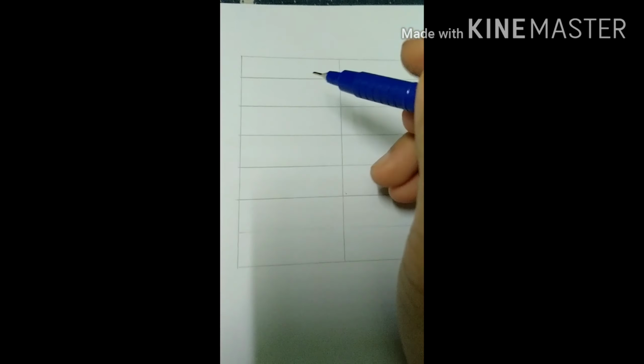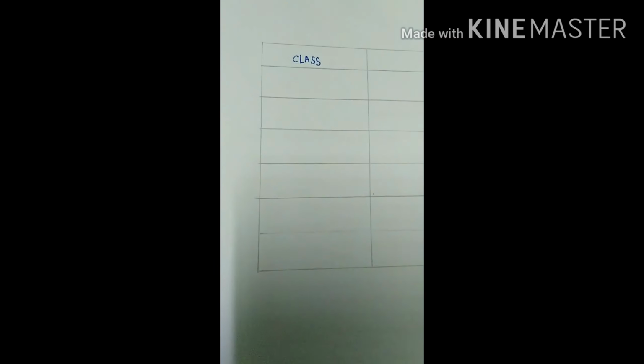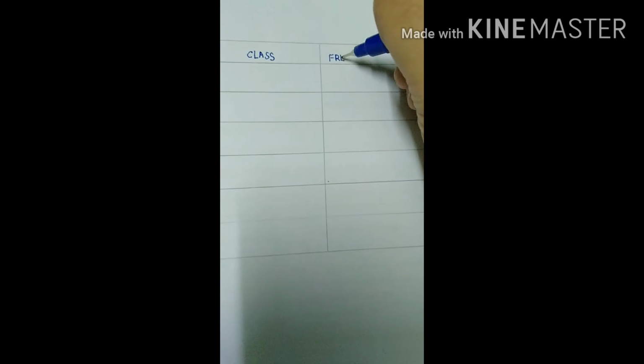So we can construct our frequency distribution table. We have 2 columns here. In the first column, we write the class, or depends on the questions. And for the second column, we write frequency.